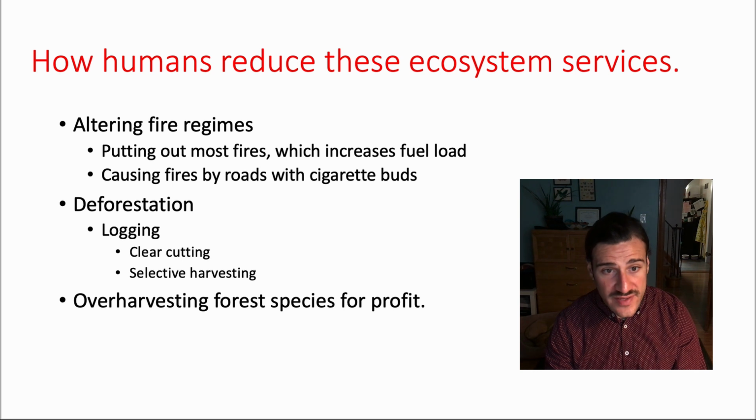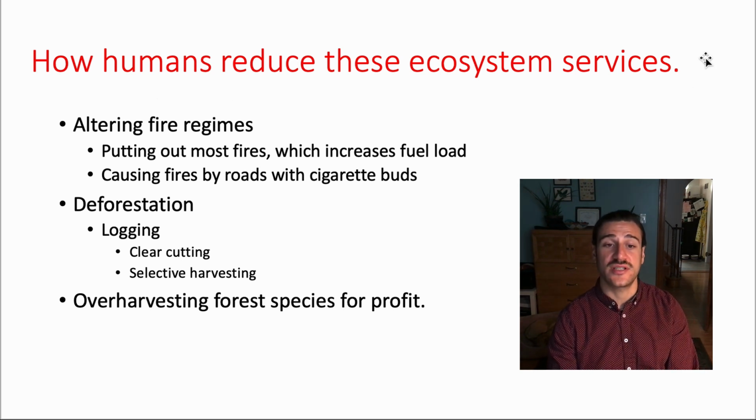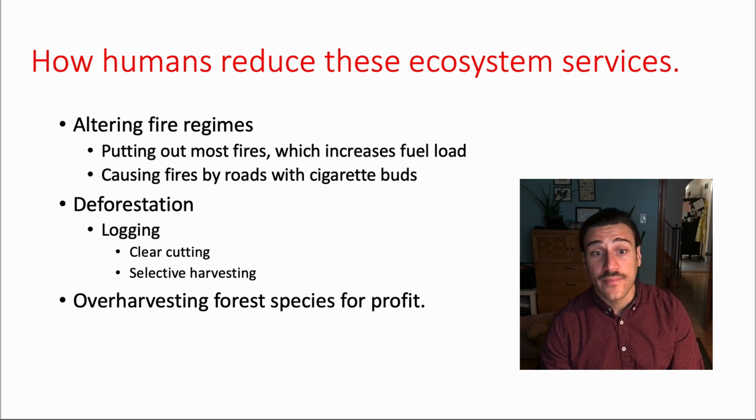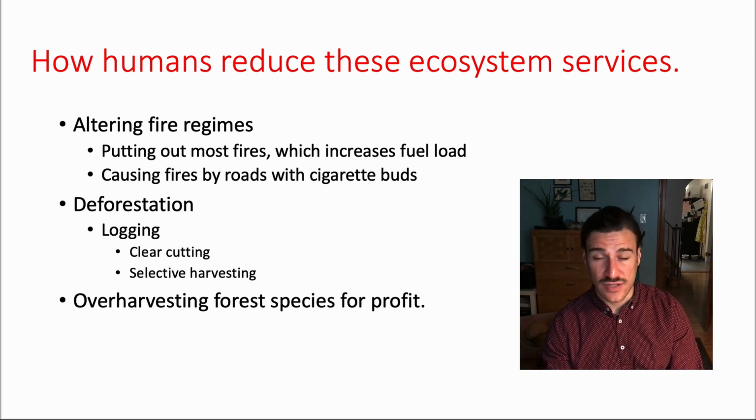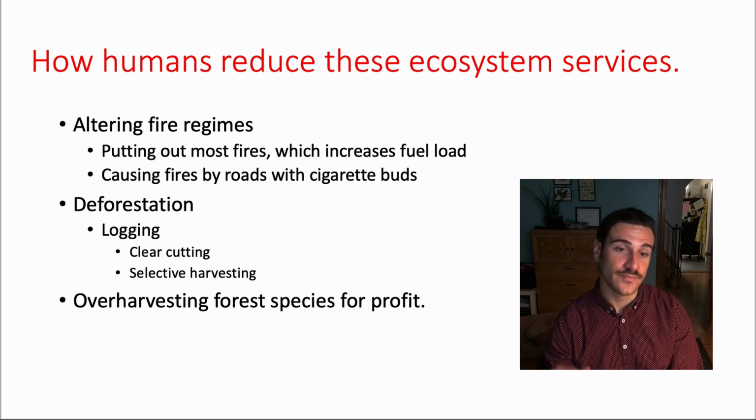So the last part of this lecture, we're focusing on how humans reduce these ecosystem services. Well, we clearly know that we've altered fire regimes. We put out most fires, which has increased fuel loads, and we now are causing many fires just through having these large fuel loads and cigarette butts, for example.